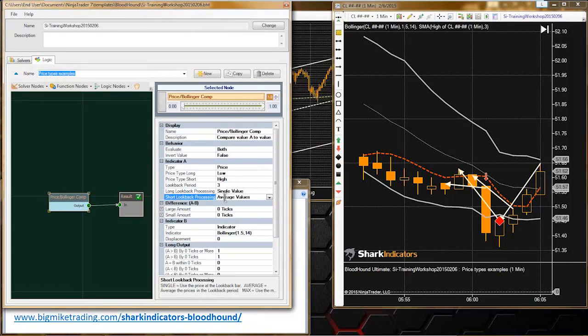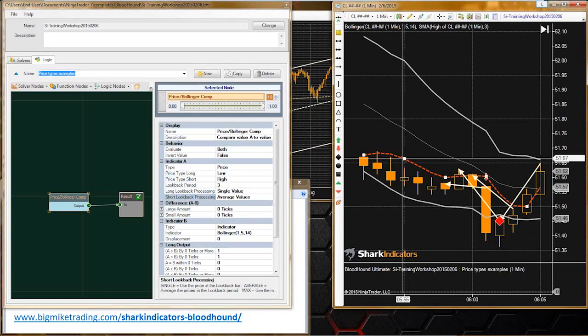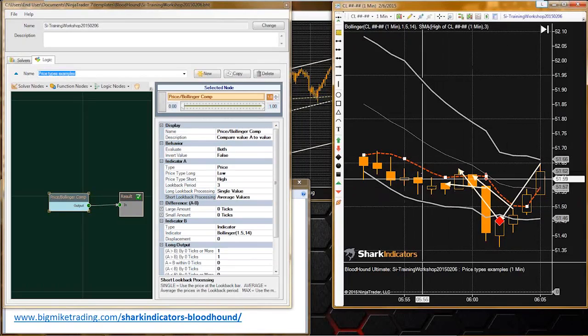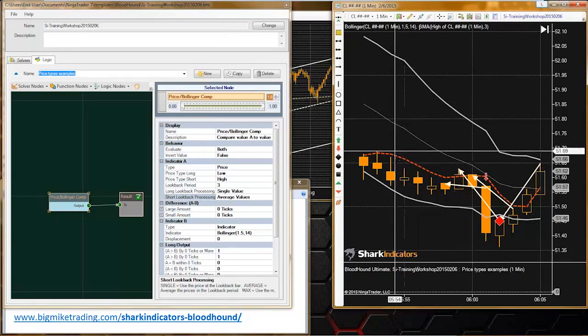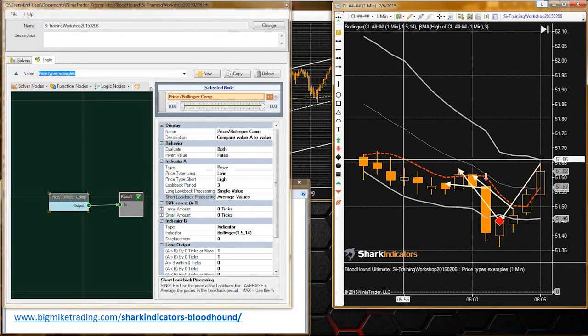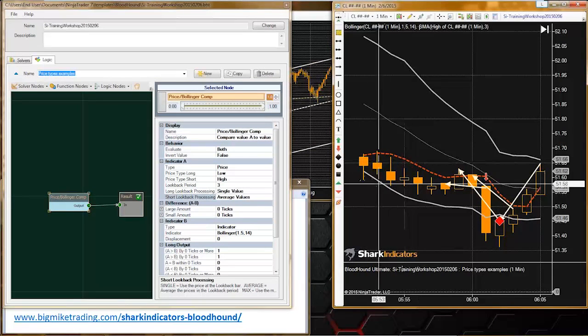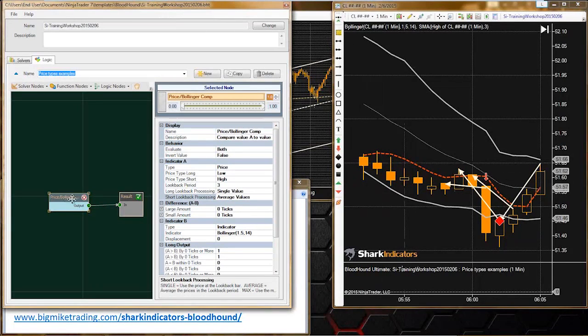Alright, so if we have the look back period set to 3 and our short look back processing is set to average, this average value is essentially an SMA 3 period, averaging the high prices. So now we can visually see on the chart the data that's being fed to our comparison solver.